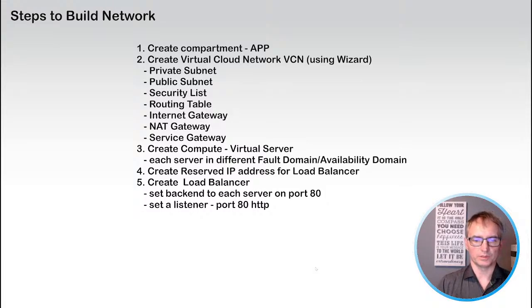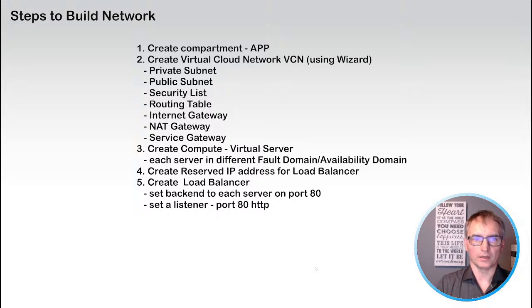Now to create the load balancer, we're going to load balancers, and then we set the backend and listener. The backend service will be set to our 2 VM servers, which we already configured in the previous steps, and then we'll configure the listener, a listener on port 80 at the beginning, so that we can validate the communication from public to load balancer and then to servers.